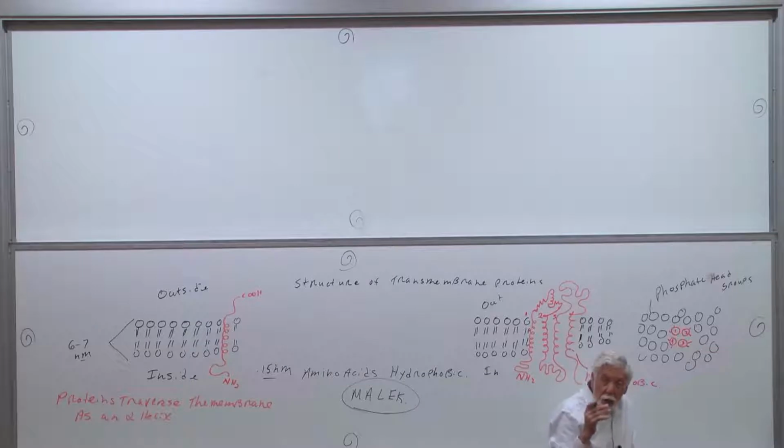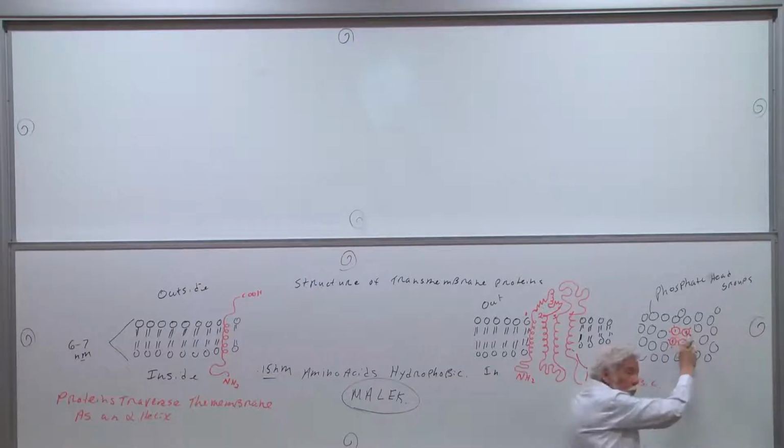But recognize, too, that because it's a spiral staircase, as you would walk around the spiral staircase, some of these amino acids will have their R groups pointing inward.